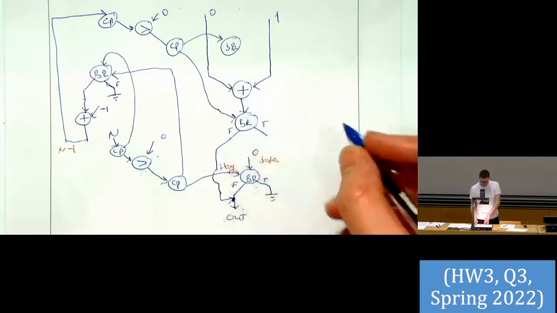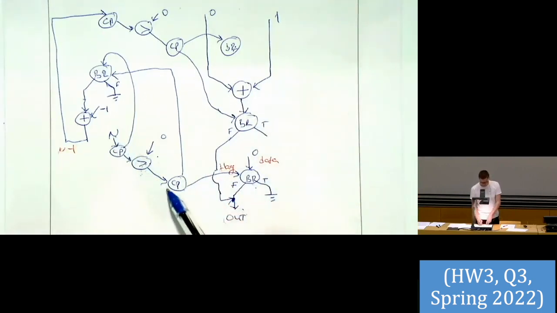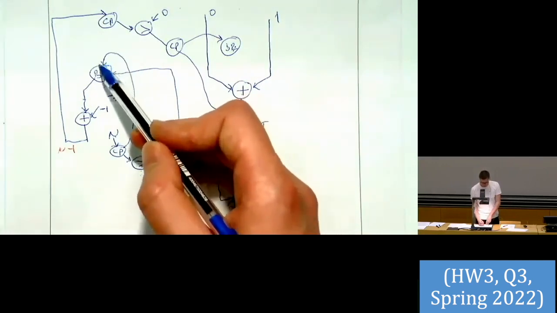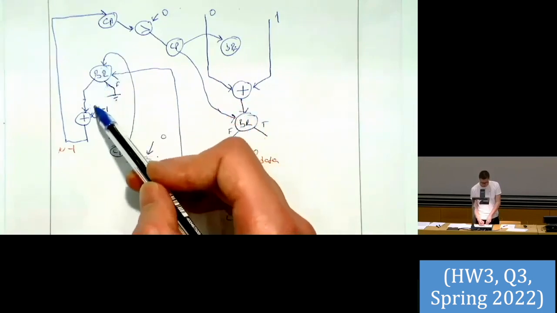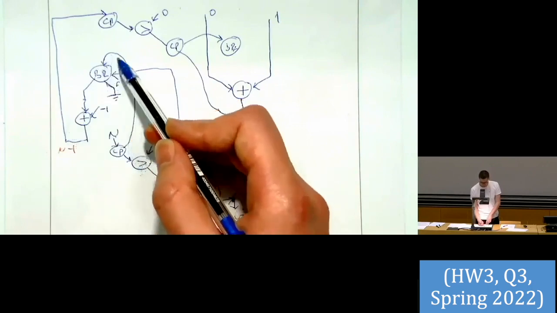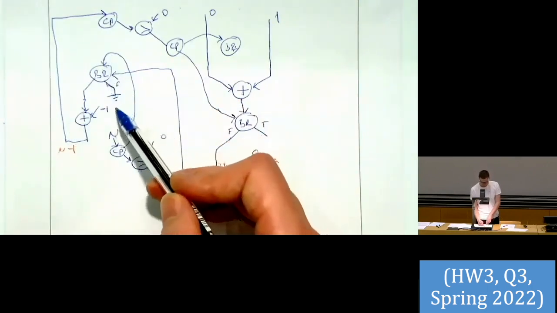So for example, for the n equals 1 case, this will generate true, right? And then this value will just be consumed, and then this true will go here, and then this will cause n minus 1 to be generated, right? If this was false, n minus 1 will not have been generated because it's grounded here.